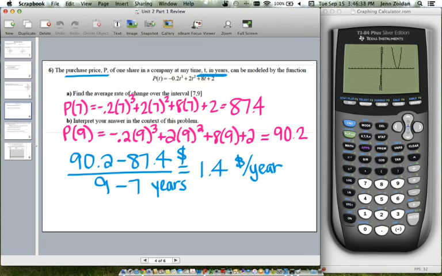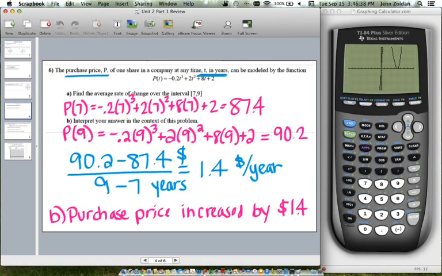So to answer letter B, we would say the purchase price increased, since it is positive, by $1.40 each year from year 7 to 9.